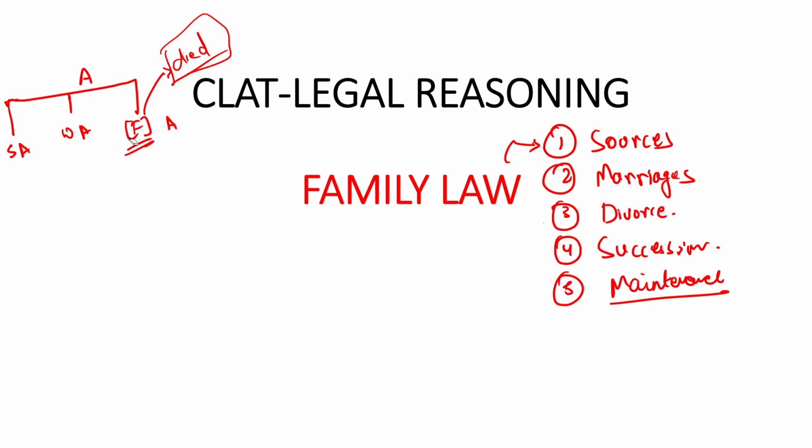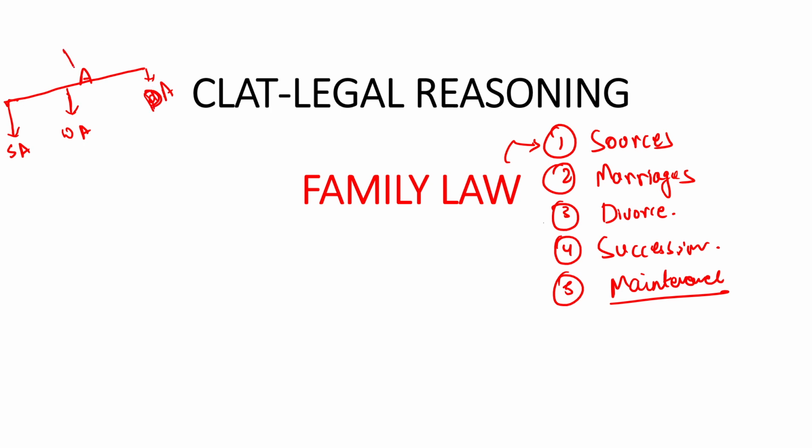So let's change the direction so that it is better understood for you guys. This is A, this is the wife of A, this is son of A, this is daughter of A, and then you have father of A. Okay, father has died and father has a brother.